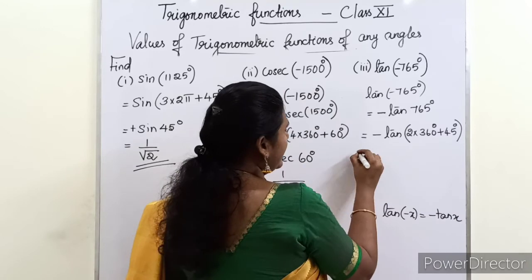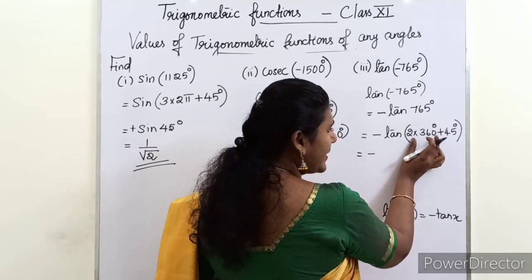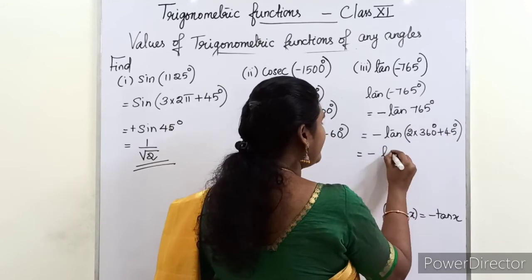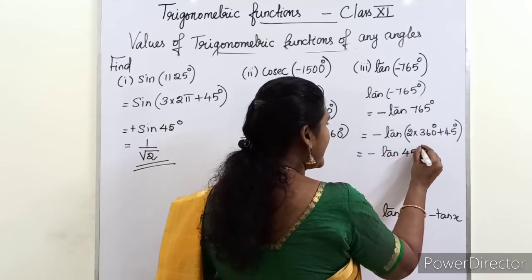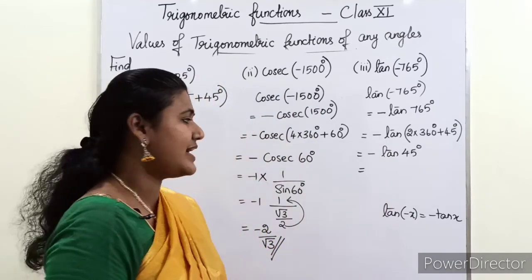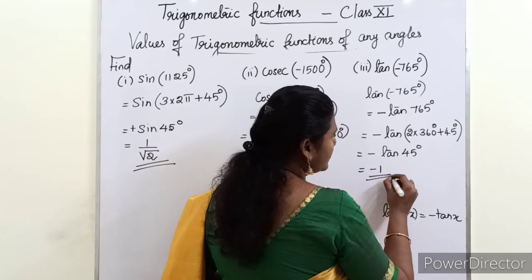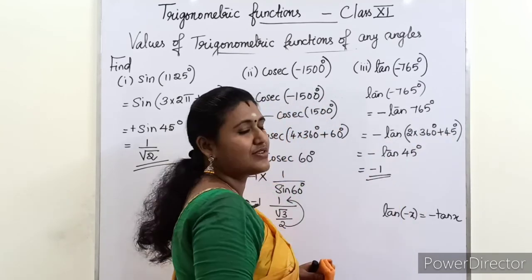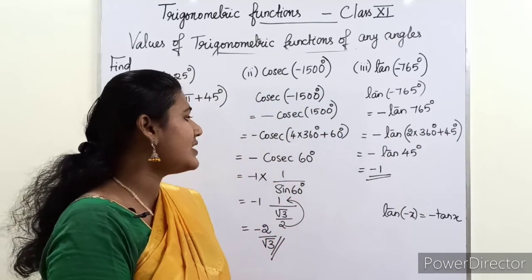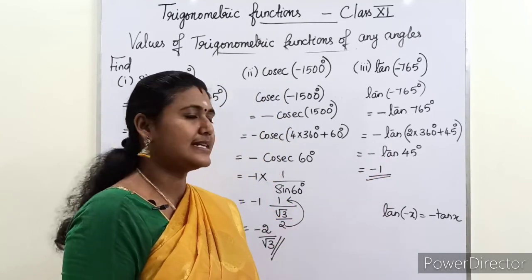Now if you see here, for an integral multiple of 2 pi the function will not change, so we can write minus tan 45 degree. What is the value of tan 45? Tan 45 is 1. So the answer is minus 1, because the angle lies in the first quadrant, the sign of the trigonometric function is positive. So the answer you will get is minus 1.